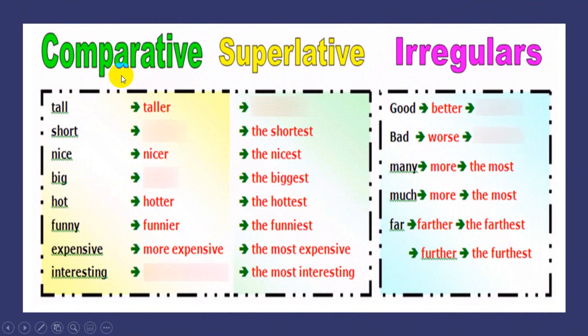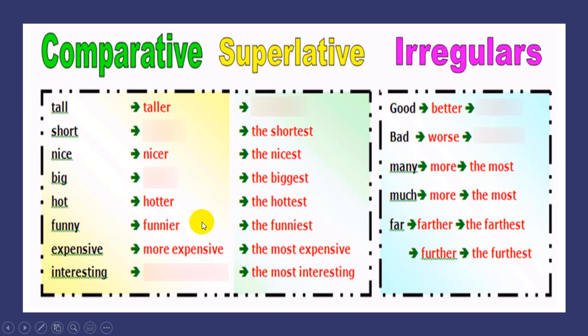Let's see. Comparative, we put er plus than. Tall, taller than. Short, shorter than. Nice, nicer than. Big, bigger than. Hot, hotter than.